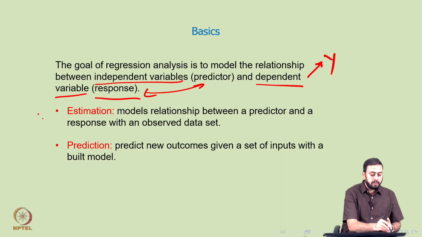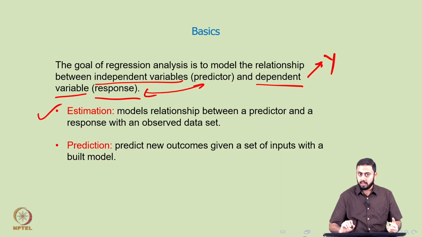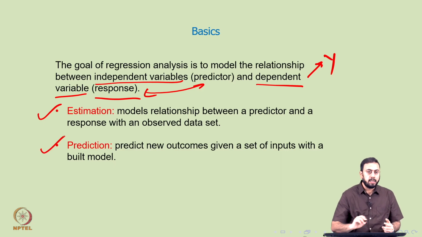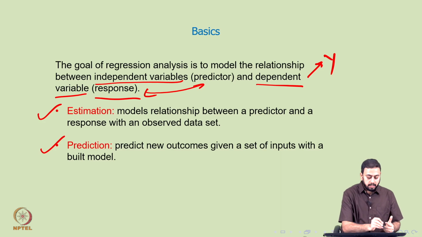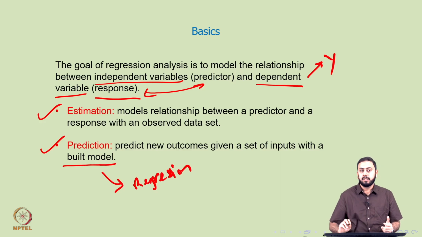So the first goal of any regression modeling is estimation, and we will see exactly what that means. Once you estimate the regression model, the ultimate goal is prediction: predicting new outcomes given a set of inputs with the built regression model that you will create.